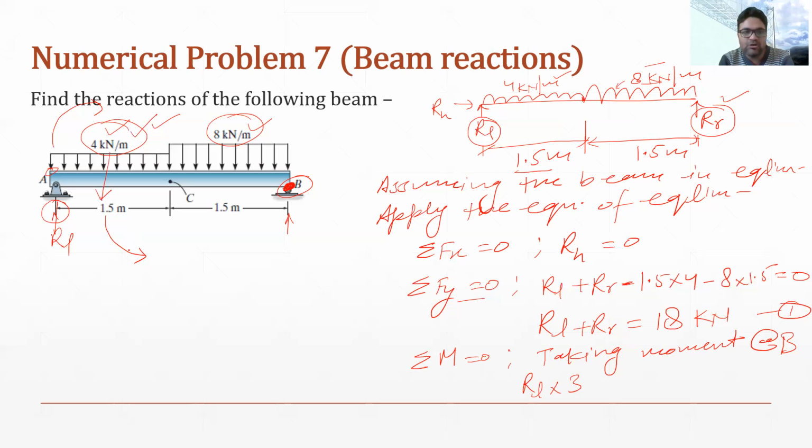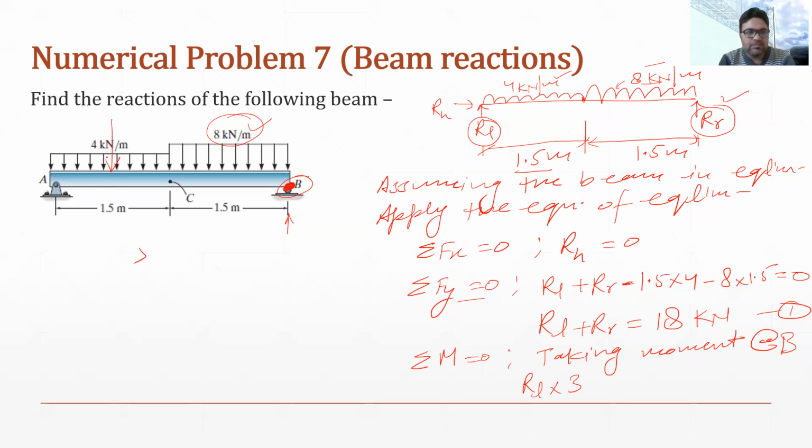This becomes an anti-clockwise rotation. As this UDL is spreading over 1.5 meter, the total UDL will be concentrated at the center of this length, which is 1.5 by 2.